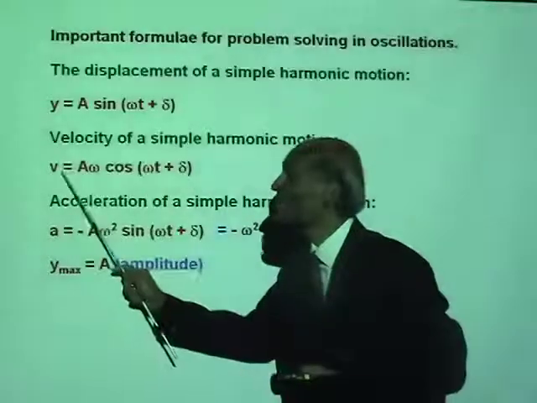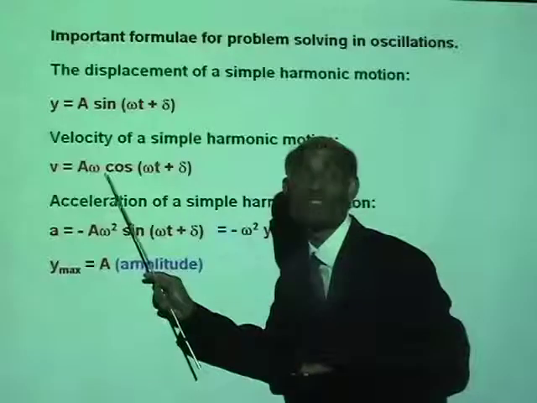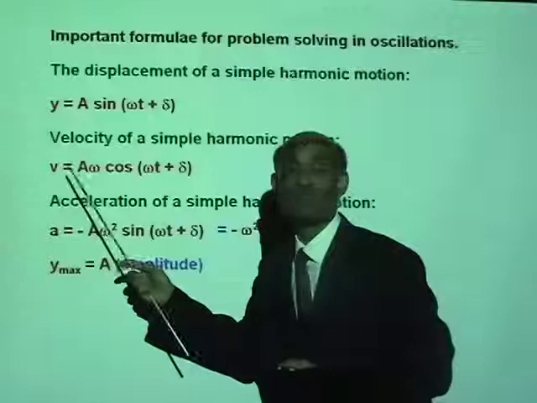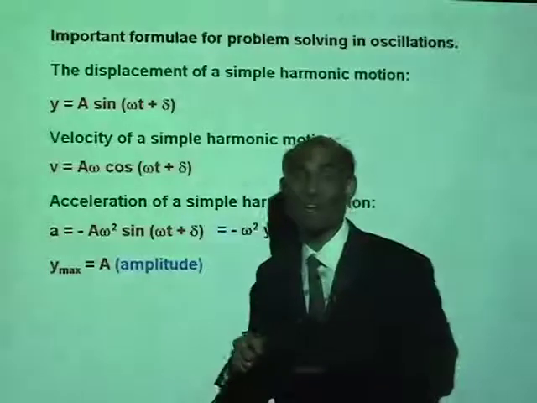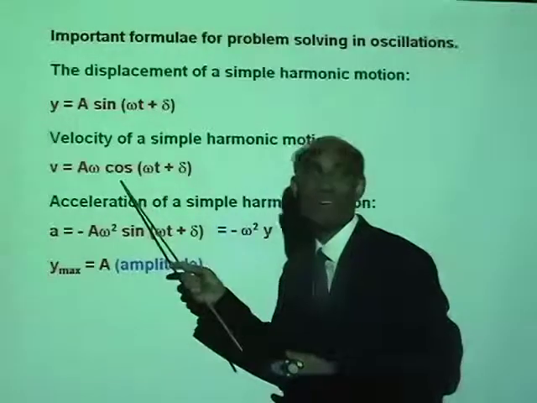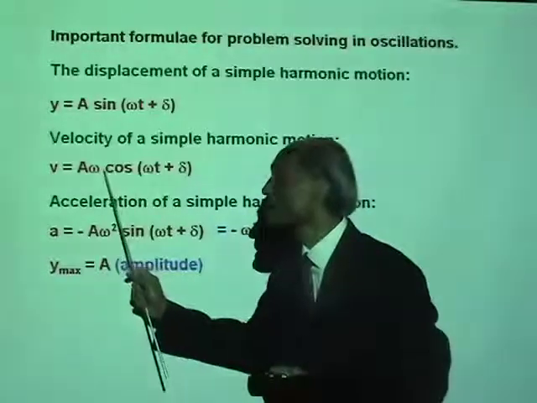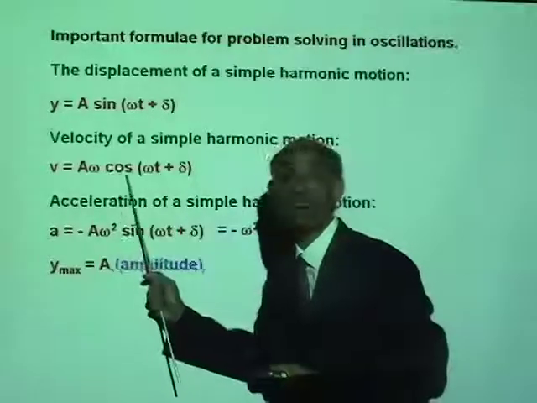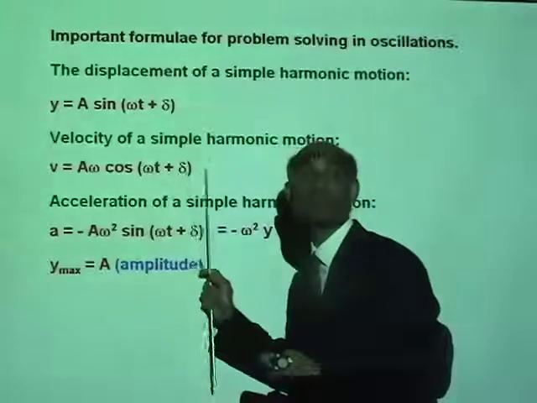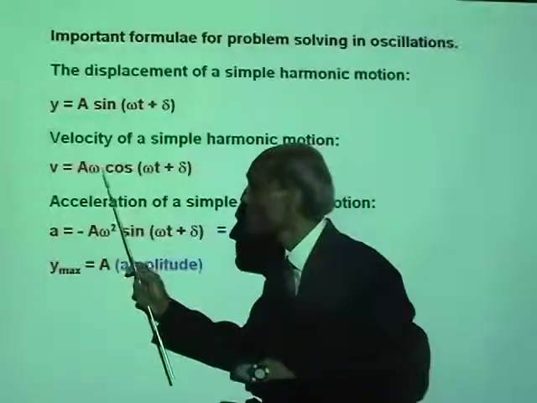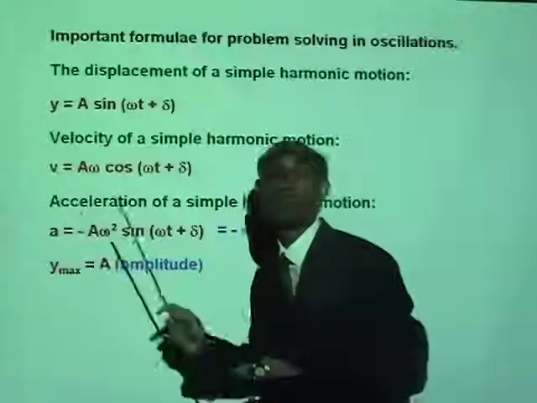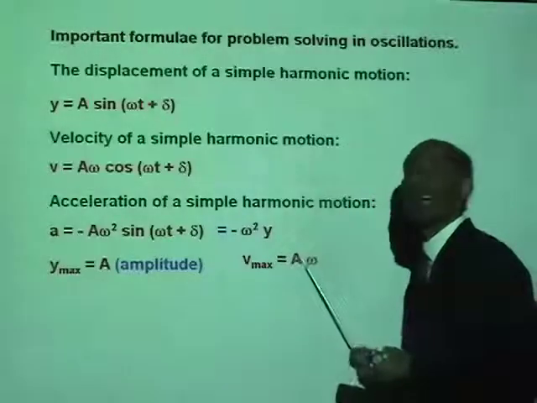In that case, can you look at this equation for velocity and tell me what is the maximum value of the velocity? We derived an equation for it in the last class, but looking at this, you can get the maximum velocity right away. How? The maximum value of a cosine function is 1. Is that right? Yes. Therefore, the maximum value of the velocity is A omega.